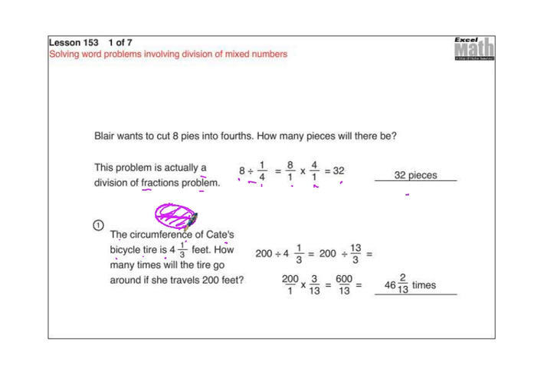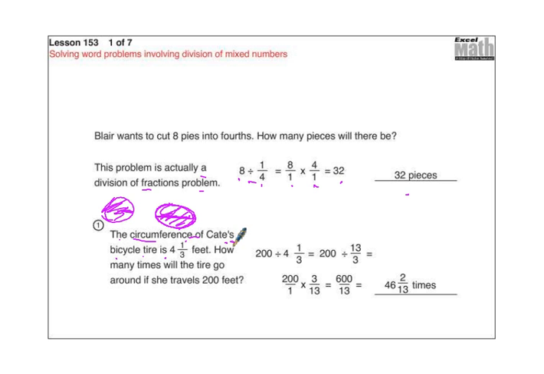Pi r squared, right? You take the radius of the circle and square it, not multiply it by 2. Square it means multiply it by itself, and then multiply that times 3.14 to find the area of the circle.